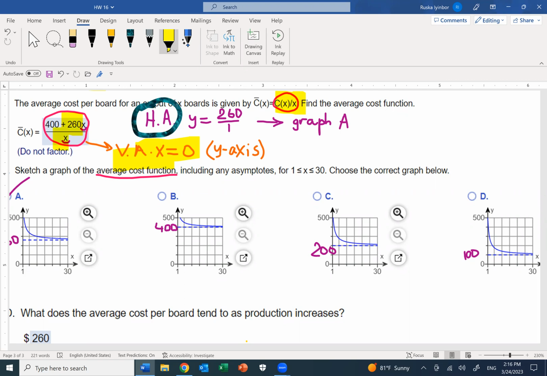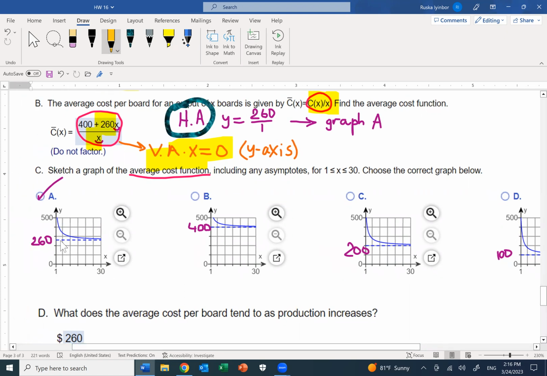So it's 260 over 1, and your horizontal asymptote is 260. Now we see where the horizontal asymptote is on each graph. The first graph has it at exactly 260. Here the horizontal asymptote is at 400, so it's not B. Here it's at 200, and here it's at 100, so it's not the last one. So the answer here is A.